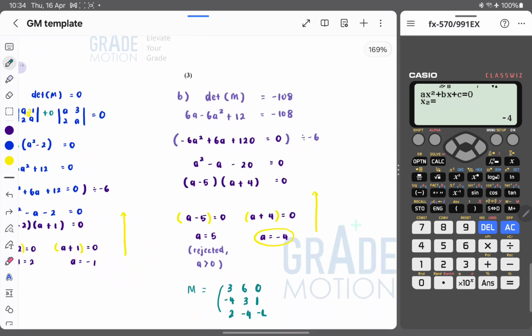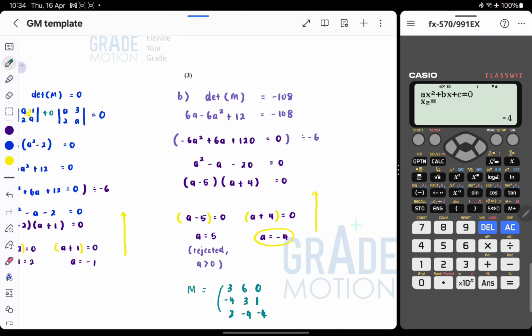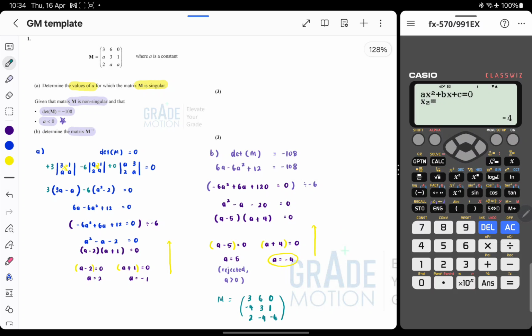Now because of this, for this question, all of the elements in our matrix are numbers, so we can simply use our calculator to find its inverse. Go to menu and then go to matrix.